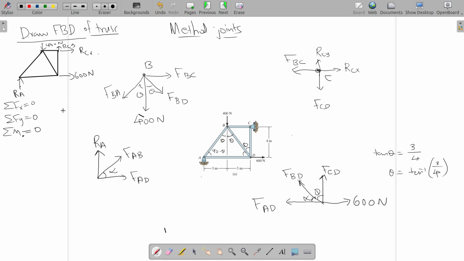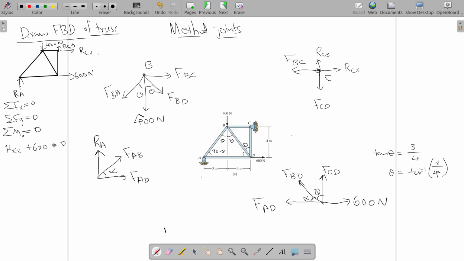So here what will be those equations? So sigma Fx is equal to 0 means net force in x direction is 0. So RCX plus 600 is equal to 0.